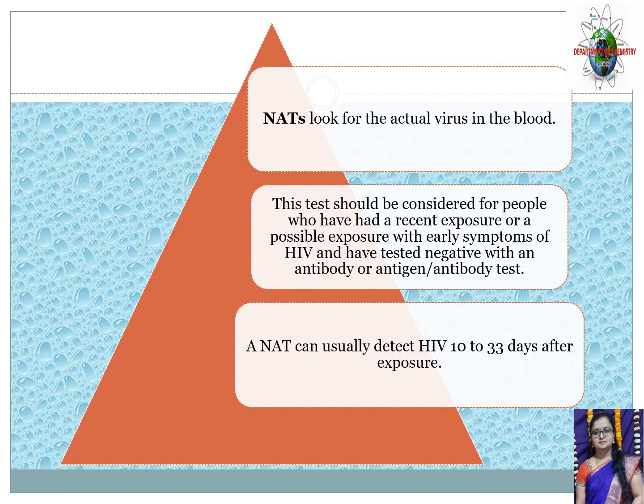A NAT, that is nucleic acid test, can usually detect HIV from 10 to 33 days after exposure. So NAT is the best early method used to detect the HIV virus.